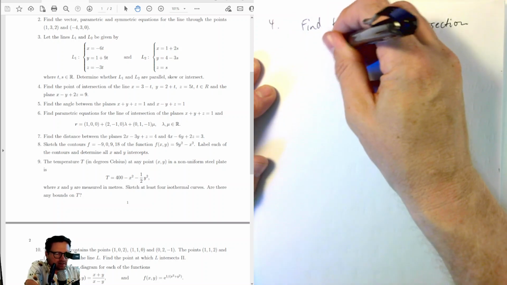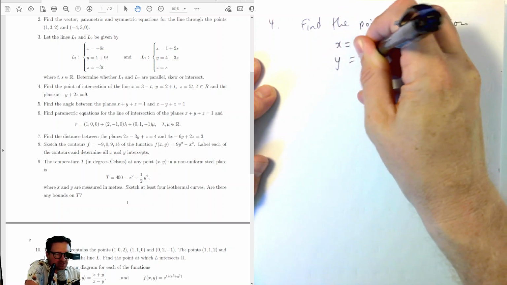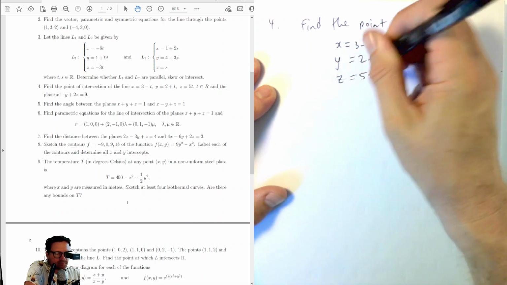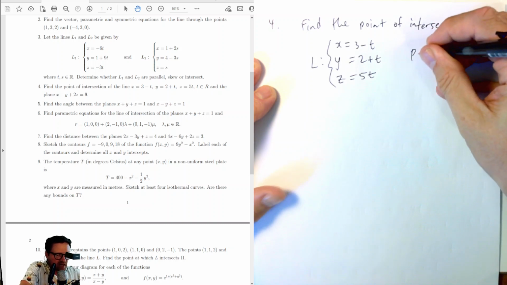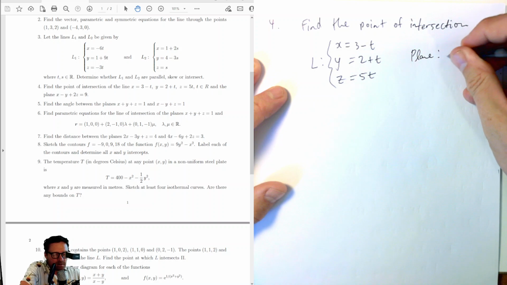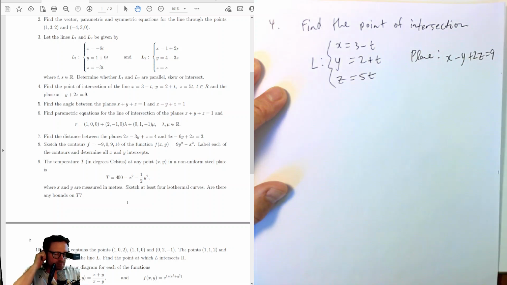Okay, so let's write this: x equals 3 minus t, y equals 2 plus t, z is 5t. So here's our line, and then we've got a plane, x minus y plus 2z is 9. All right, so find the point of intersection.